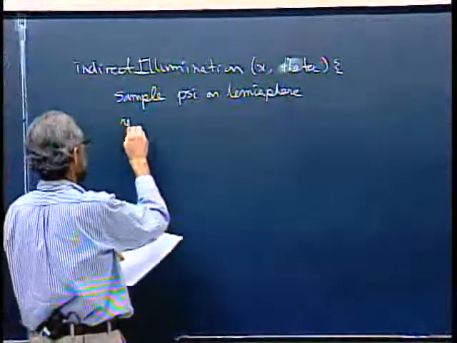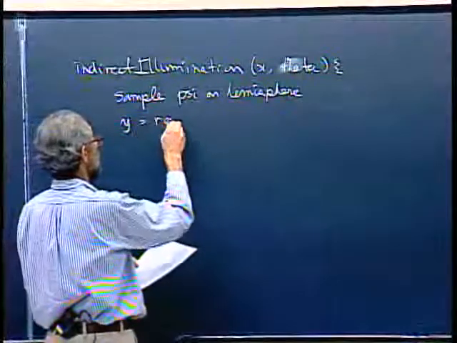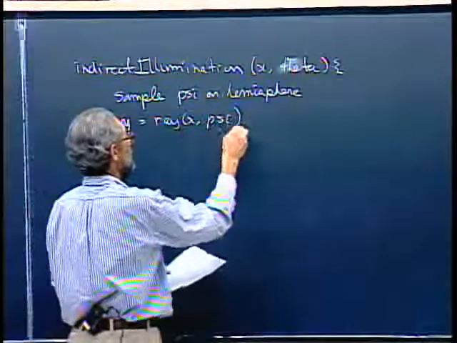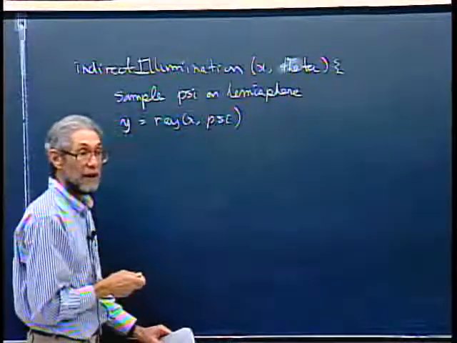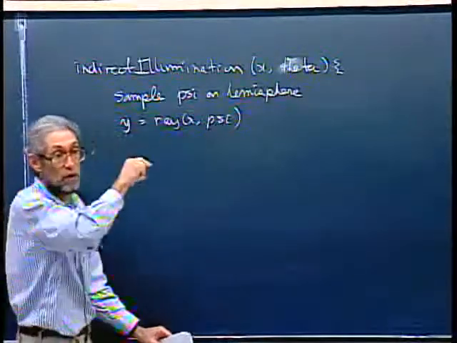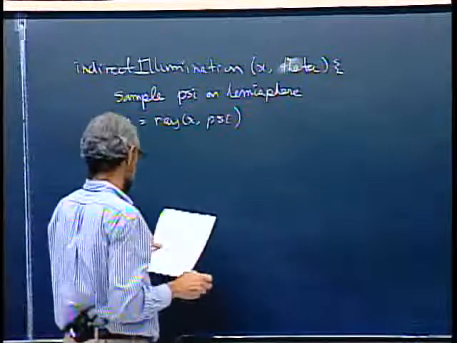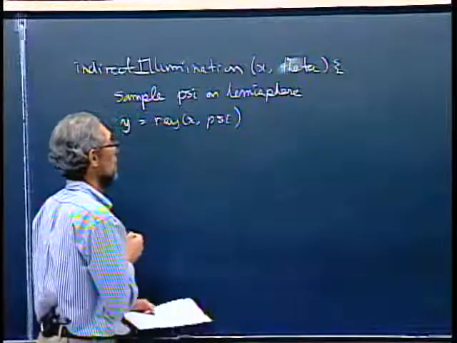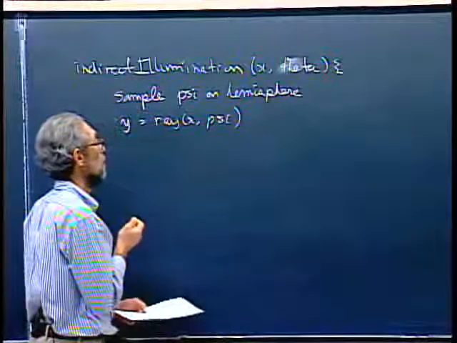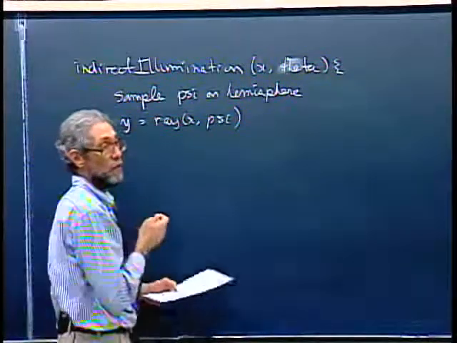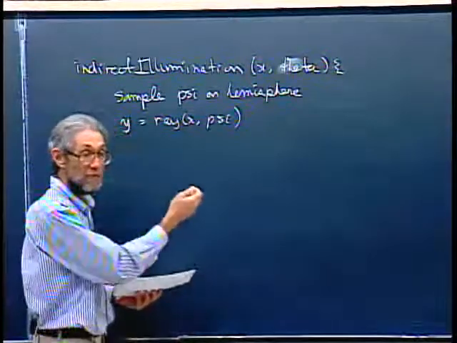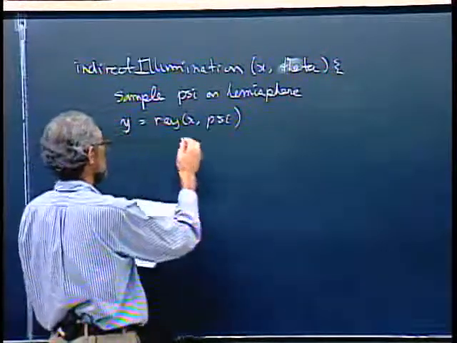And now we have to trace the ray from x in direction psi to see what other surface we hit. And that's the surface from which we're going to be drawing the indirect illumination. So we're assuming here that it always does hit something. I mentioned cases where you contribute 0 if you went out into outer space or the night sky or something without seeing any object that was going to give a contribution.